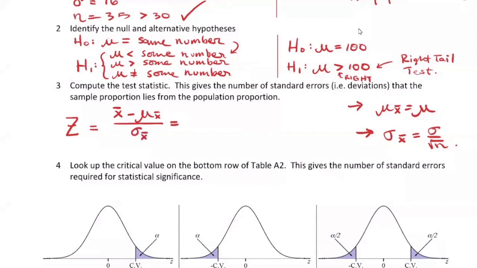Based on the formulas on the right, the mean of the sample means is the mean of the population you're sampling from. And the standard error of sample means is the population standard deviation, which we're assuming is known, divided by the square root of the sample size.